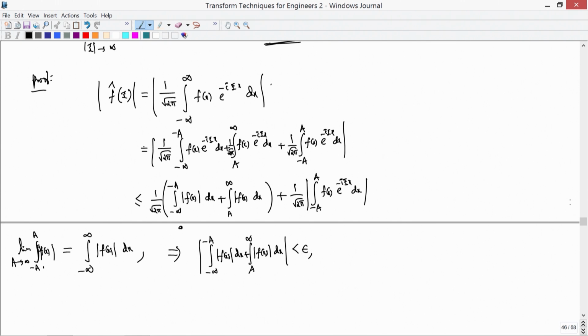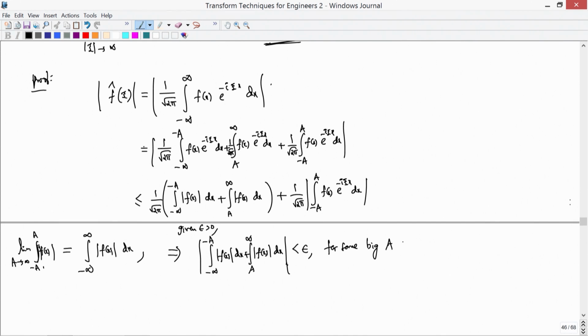given epsilon positive. You give epsilon, however small it is, and I can make this quantity less than epsilon for some big enough a.